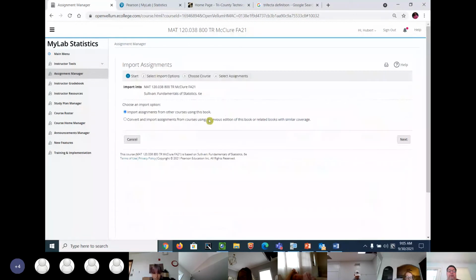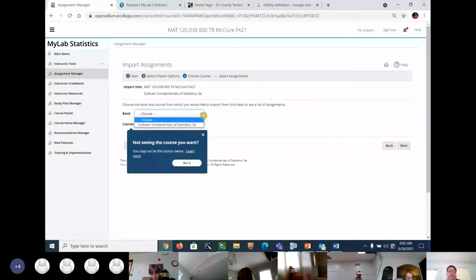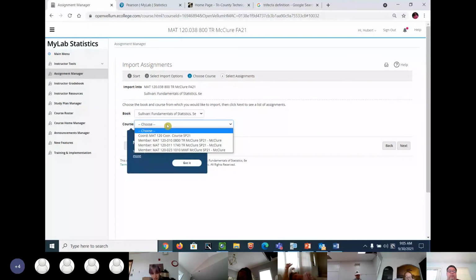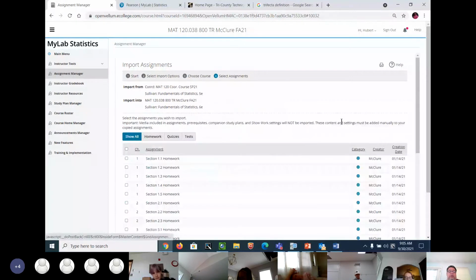Import, copy, convert. 5th edition. There we go. Let's go with coordinated course. That's fine with me. Tests, and let me bring all those over.